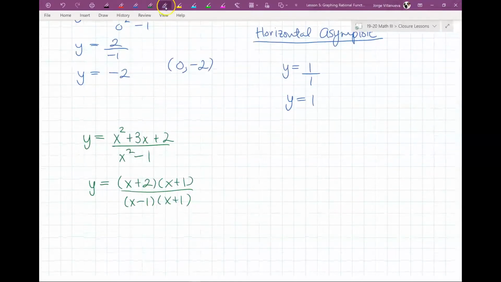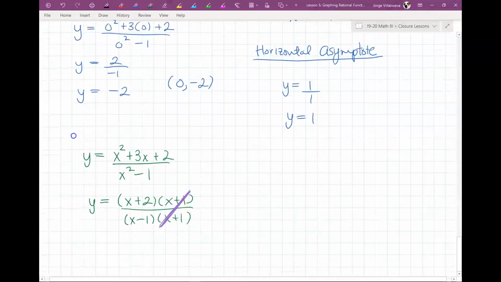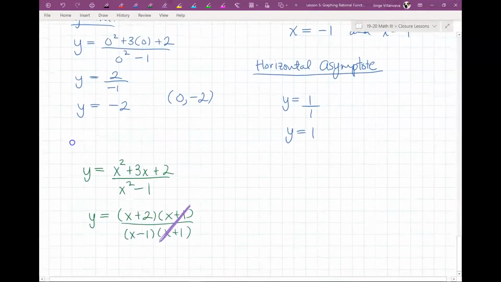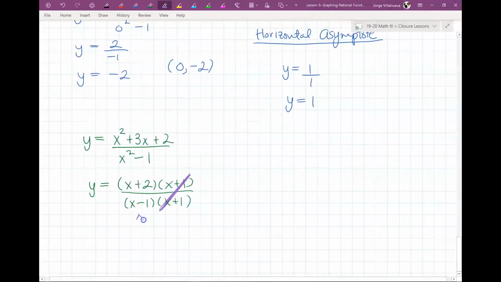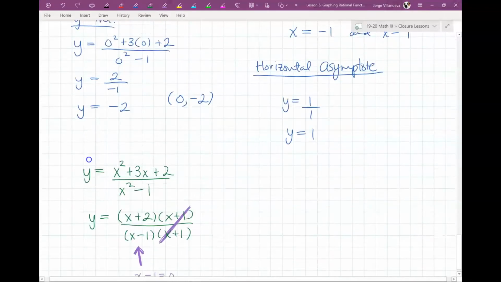You're going to notice that I'm going to be able to cancel this part. If I get rid of the x plus 1, that means that my only vertical asymptote is there. I don't actually have two of them. I only have one. It only occurs at 1, not at -1.